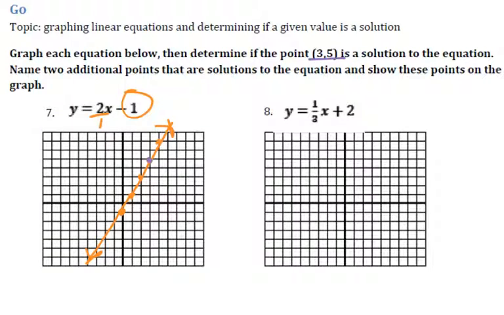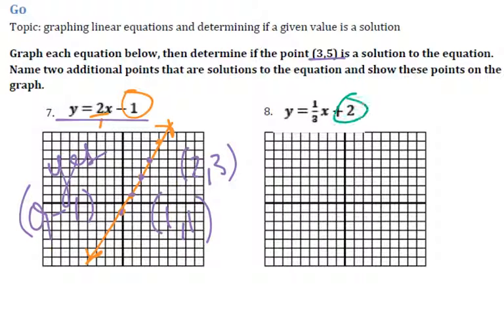Does the line cross that point? Yes. Okay, what are other 2 points? Well, all these points I touched would be solutions to that equation. So 0, -1 would be a solution. 1, 1 would be a solution. 2, 3 would be a solution, and so on. And we could even plug that into our equation to see if it works.